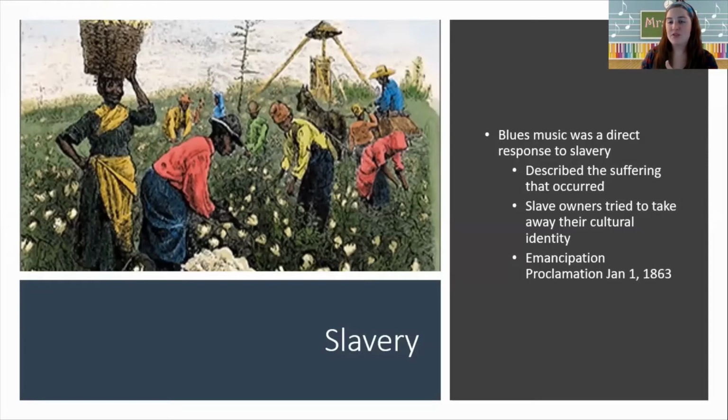We didn't get the Emancipation Proclamation until January 1st, 1863, but it wasn't until later on that the slaves actually knew that they were emancipated, and that's why we celebrate Juneteenth, to celebrate when the slaves actually found out they were emancipated.